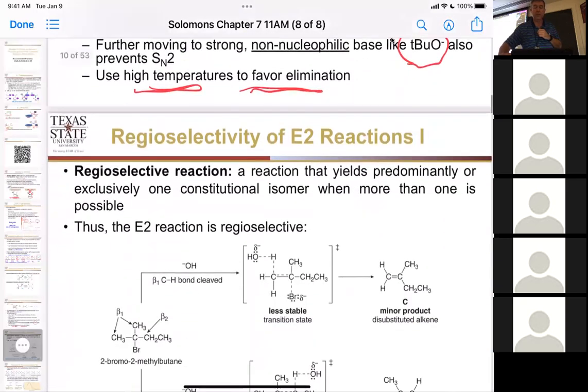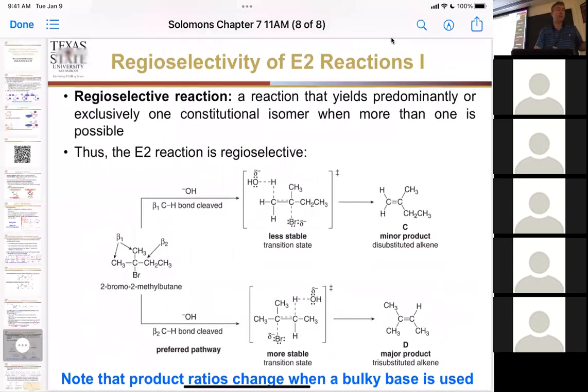Okay, so let's talk about the regioselectivity. We talked about where the double bond is going to form. We actually have a regioselective reaction because we want to form the more stable alkene. So it's going to selectively choose the beta carbon that it's going to pull that hydrogen off based on which product is going to be more stable.